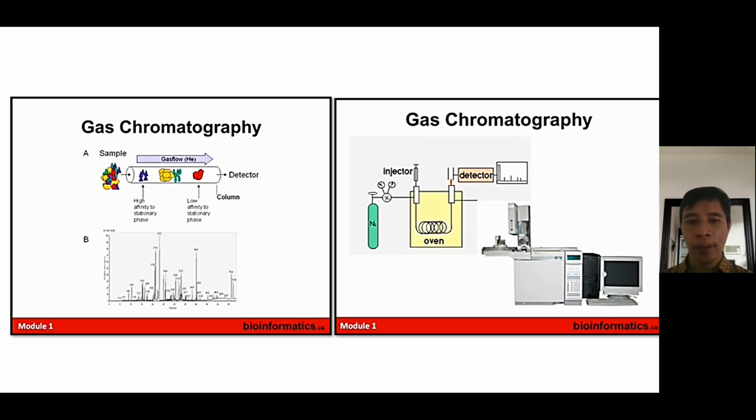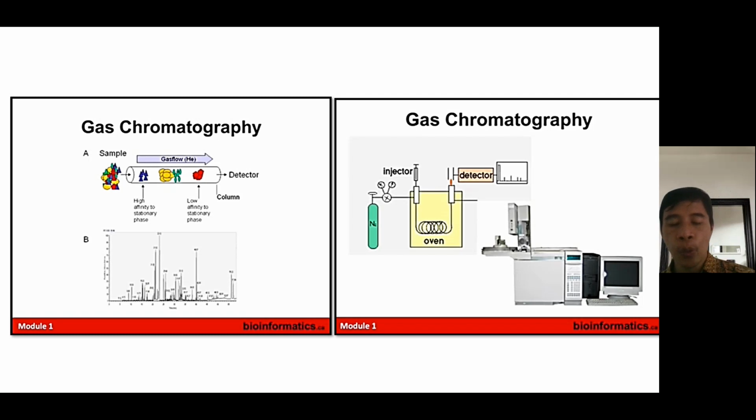So here is the diagram showing how gas chromatography works. This is the gas, like high purity gas, and this gas will flow through the columns, and then the columns should be heated using an oven, to alter the phase of your samples, from liquid to gas, and then eventually you can detect the substances contained in your samples.